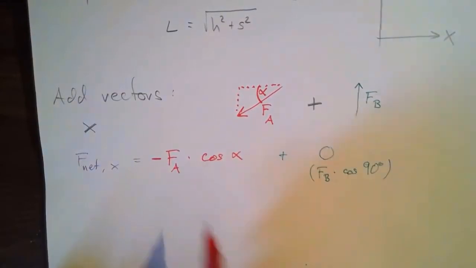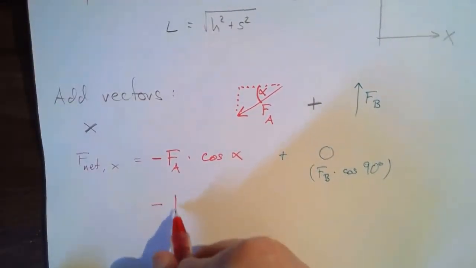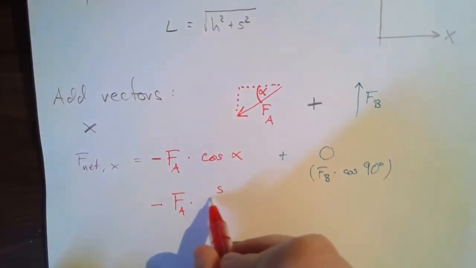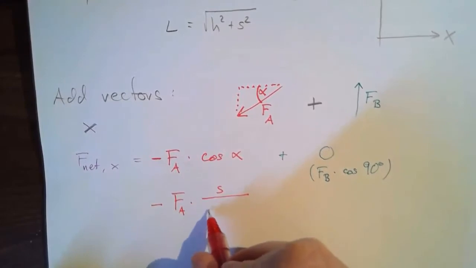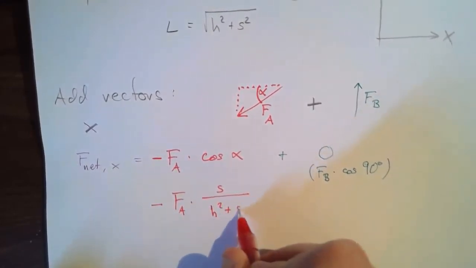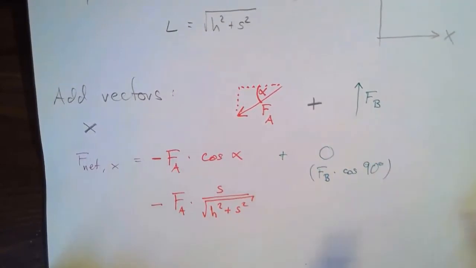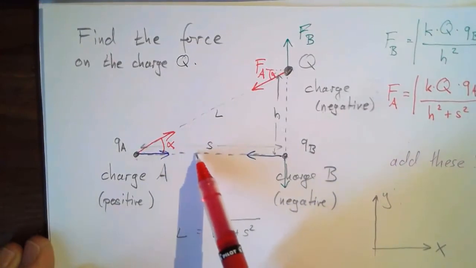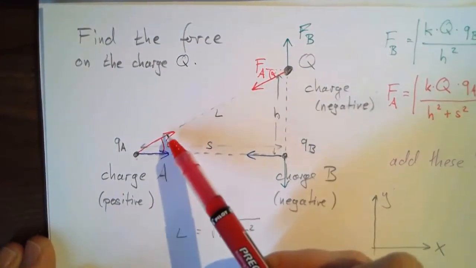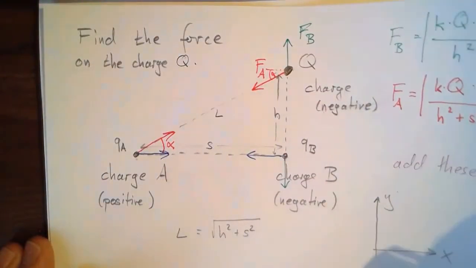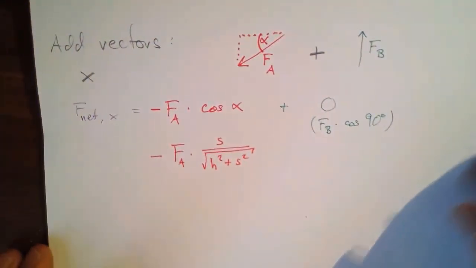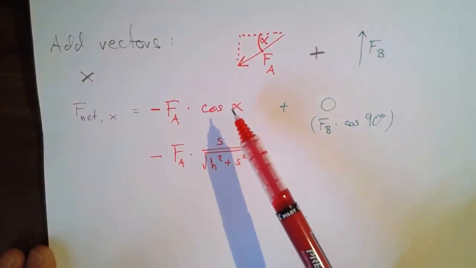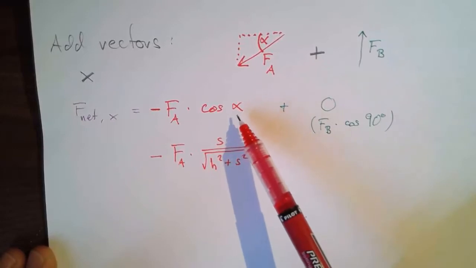Right? So I can just rewrite this as minus FA times s divided by the square root of h squared plus s squared. Right? The cosine of this is the adjacent over the hypotenuse. Sure, if you've got actual values, you can find a value for alpha if you want to. But we don't care. We don't need it.